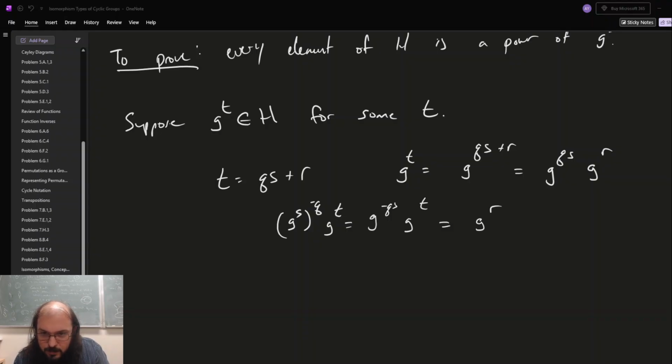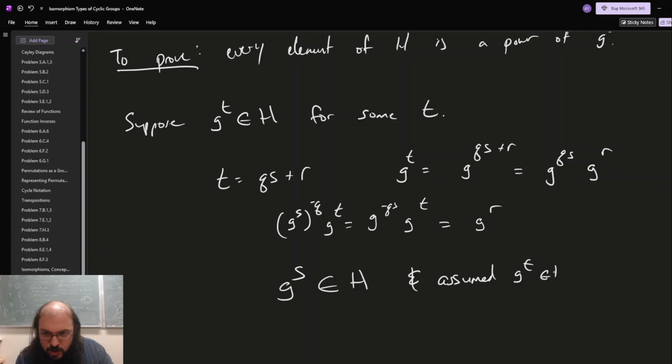Yeah, this seems reasonable to me. And so now what do we see here? We know that g to the s was in H because it was the smallest element in H. And we assumed that g to the t was in H.